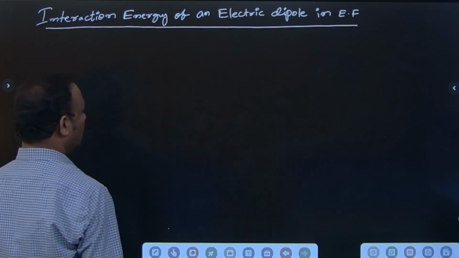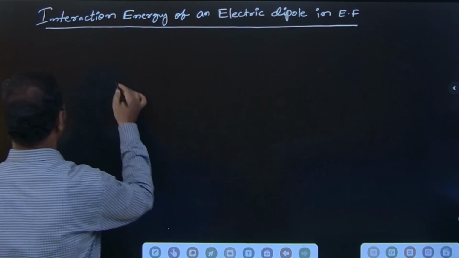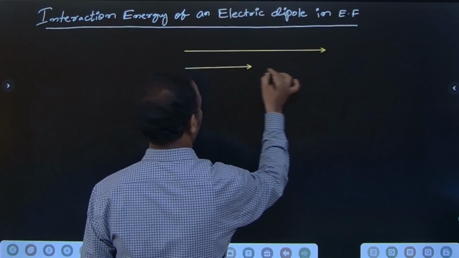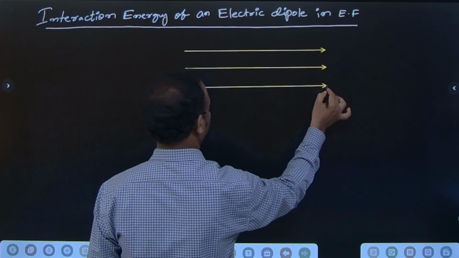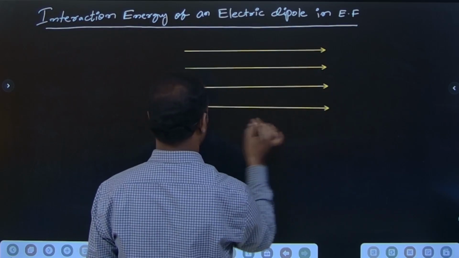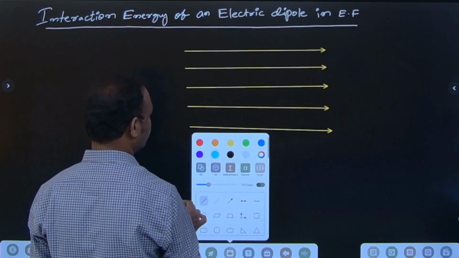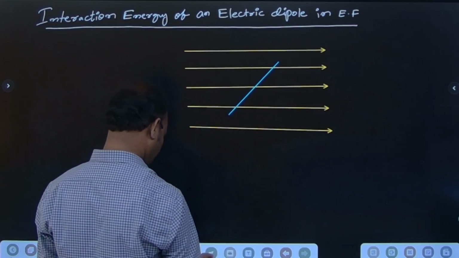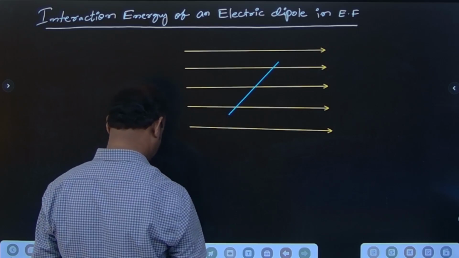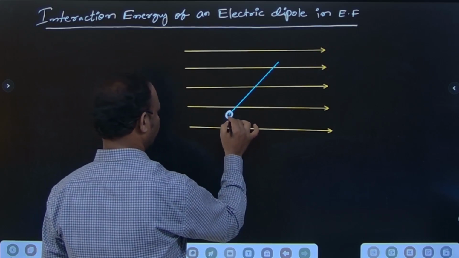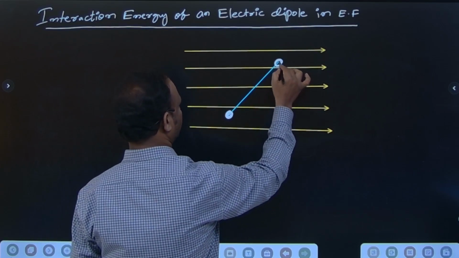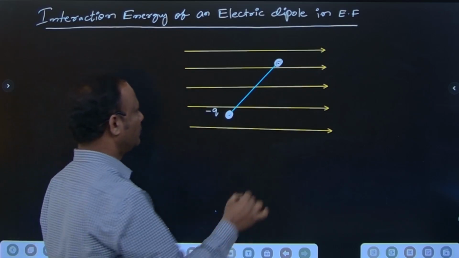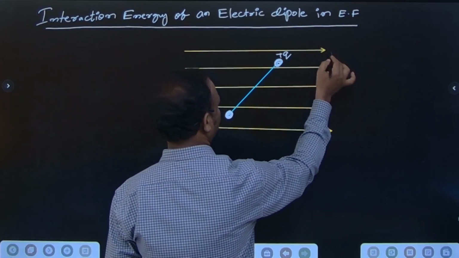Interaction energy of an electric dipole in an electric field. First, I am considering a uniform electric field. The electric dipole is suspended like this, as we discussed earlier, with minus q and plus q.